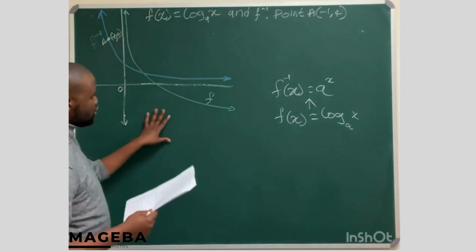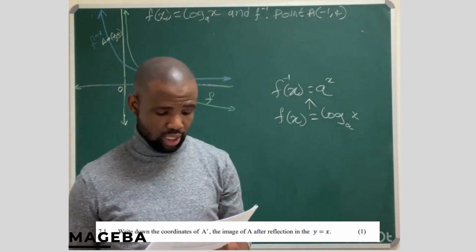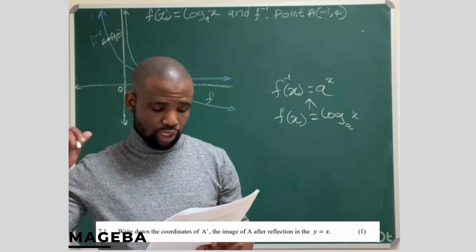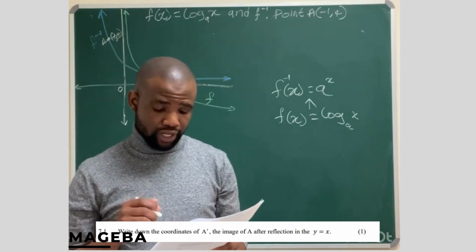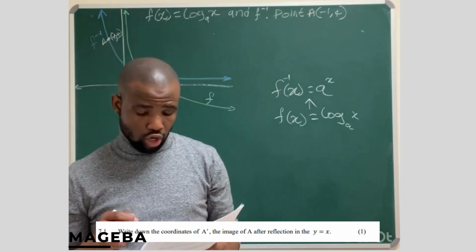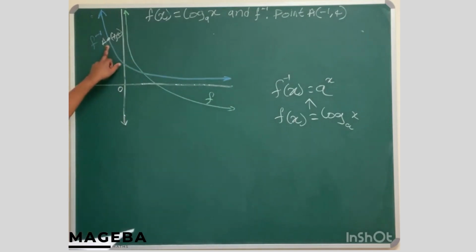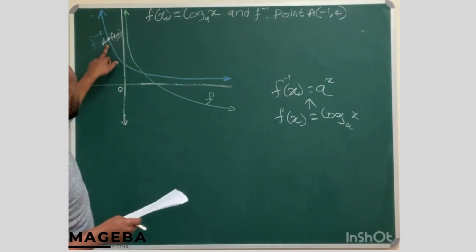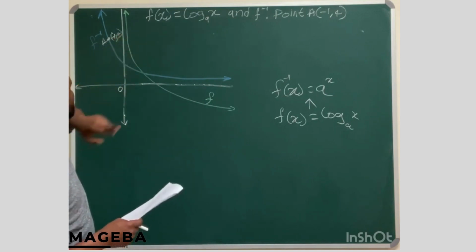They gave us the function, and then 7.1, which is the question, they are saying write down the coordinates of A prime, the image of the reflection in y equals x. Now, what is A? This is the A, which is the point that they gave us here. They say the point is -1 mapped to 4.